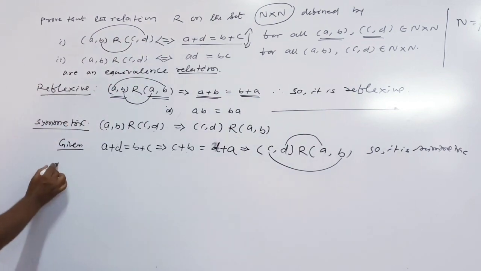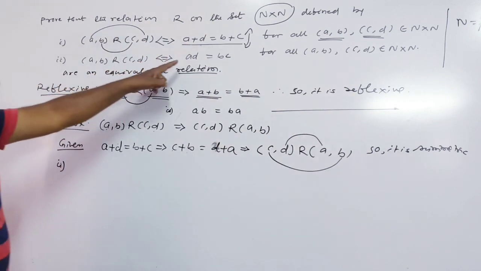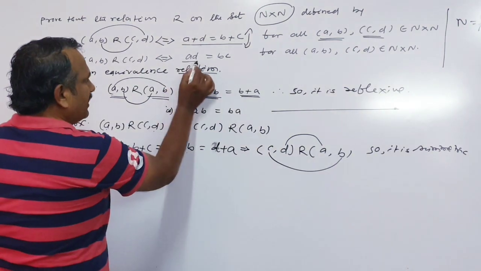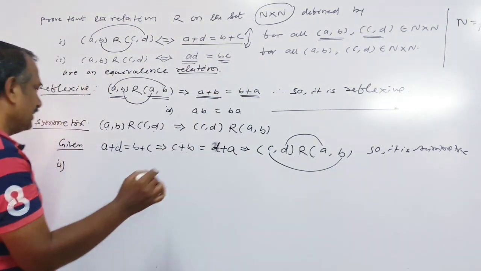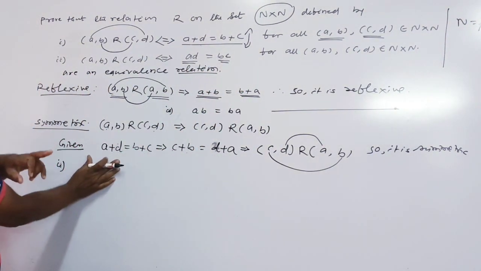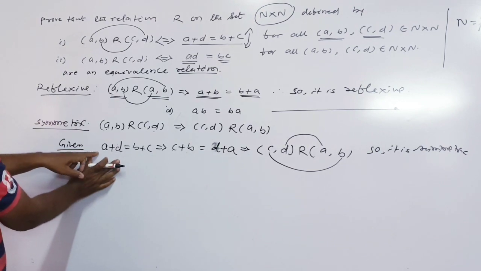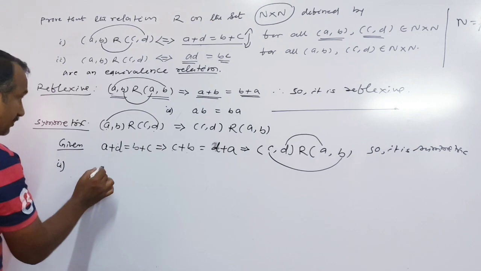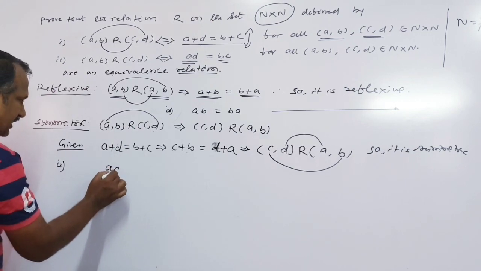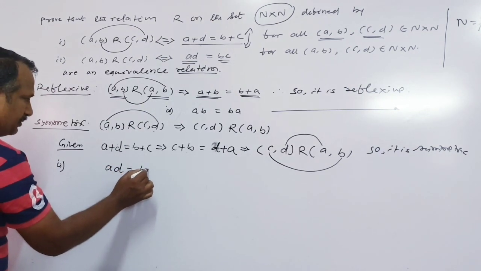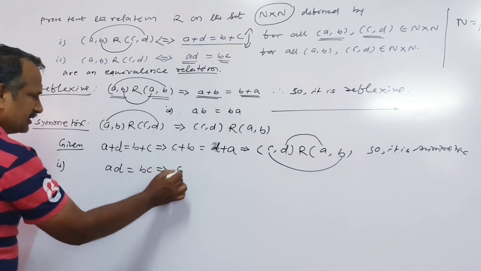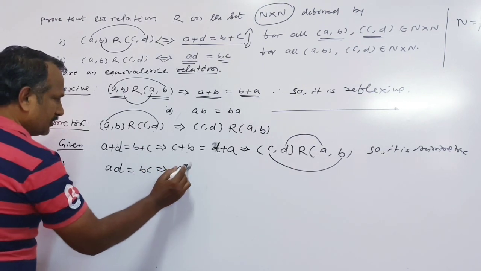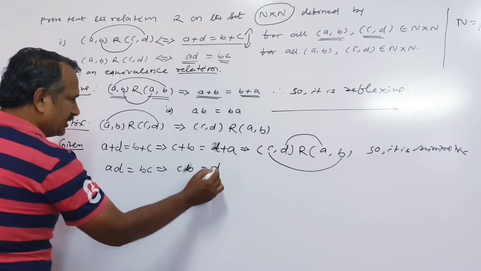Now for the second one, here given ad equal to bc. Now this is the first one, okay? No confusion. And the second one, ad, first, third, fourth. ad equal to bc. Similarly, cb equal to da.